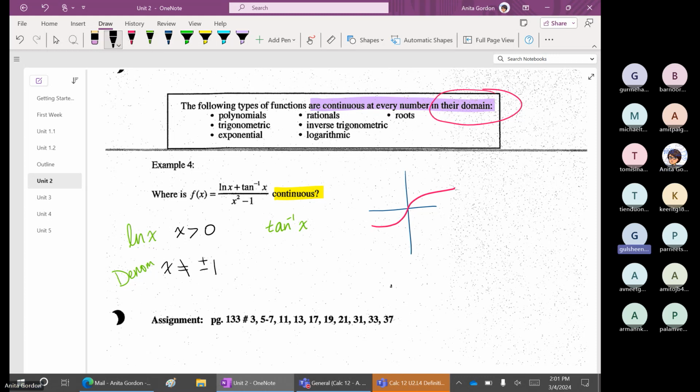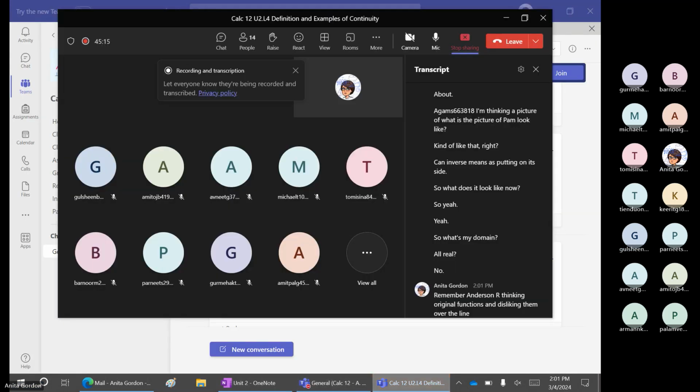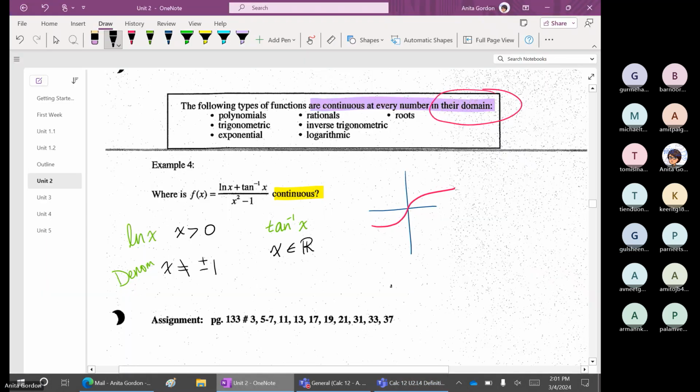It's all reals. Remember, inverses take our original functions and reflect them over y equals x. So here are my 3 restrictions.